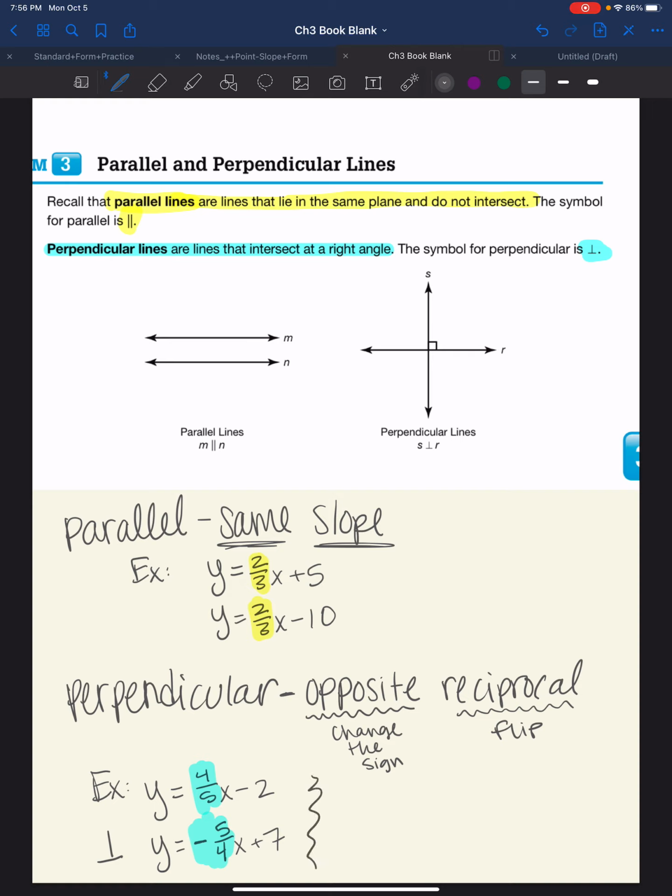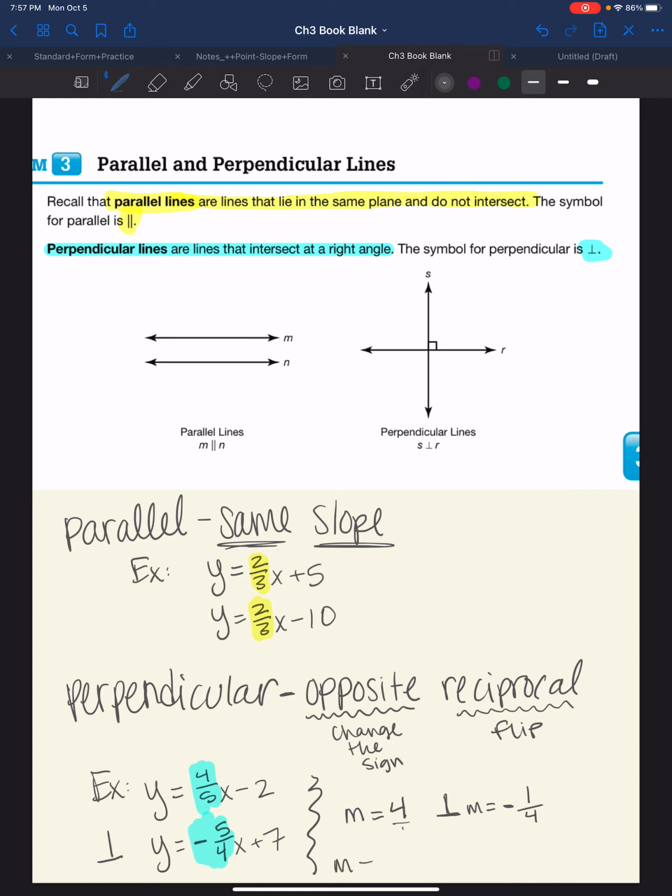Let's do just another example over here. If I had the slope m equals 4, the perpendicular slope, so I'm going to use that upside down T, the perpendicular slope of positive 4 would be negative because I changed the sign and then I flip it. Well, 4 is really like 4 over 1. So when that gets flipped, my perpendicular slope would be negative 1/4.